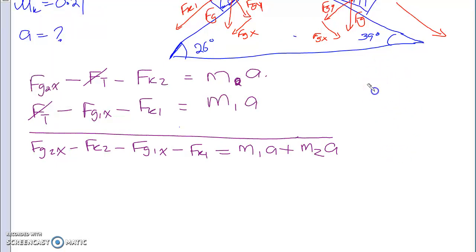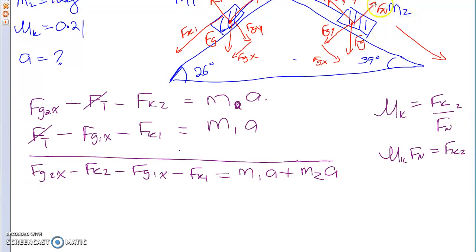To find your mu k, it's going to be mu k equals FK divided by FN. Okay? And this is FK1 or FK2, it doesn't matter. So you have mu k times FN, which equals FK2. Now what is FN? From our diagram, we know that FN is going to be FGY.